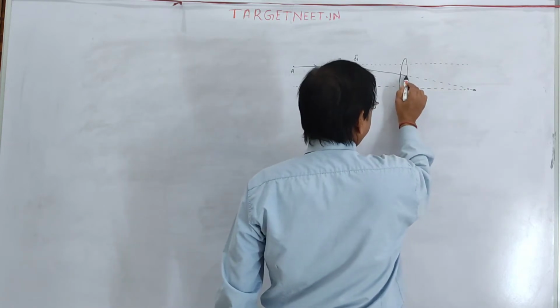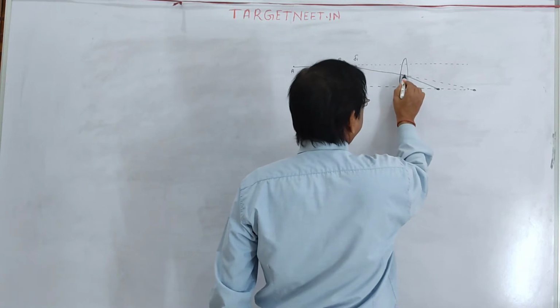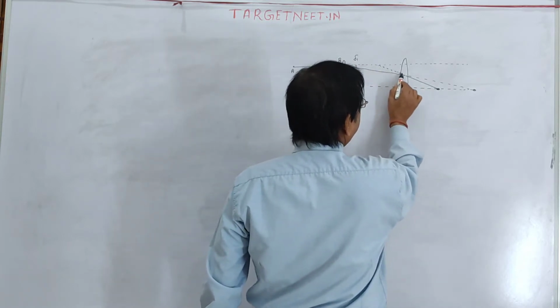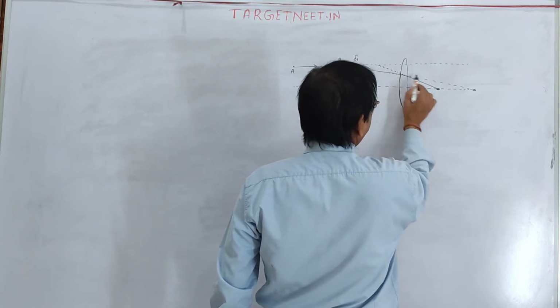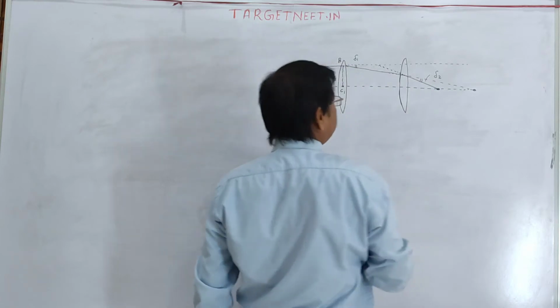Finally it will follow a path like this. This is the angle of deviation produced by the second lens. Let it be delta 2.